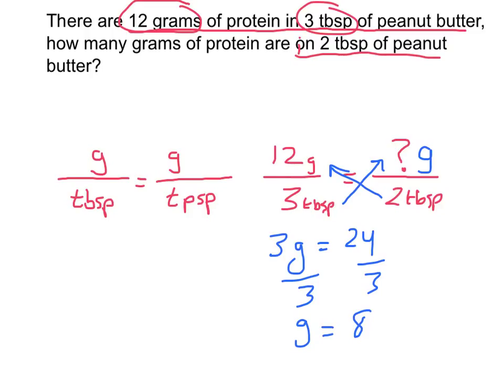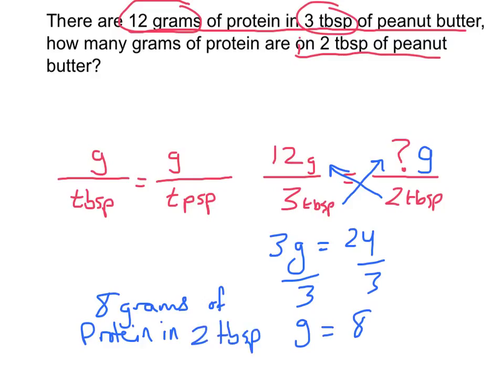It's 8 grams. So my final answer is 8 grams of protein in 2 tablespoons of peanut butter. If I wanted to put it into a sentence, 8 grams of protein in 2 tablespoons of peanut butter.